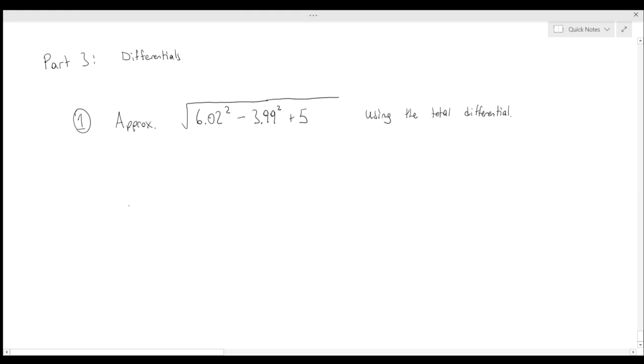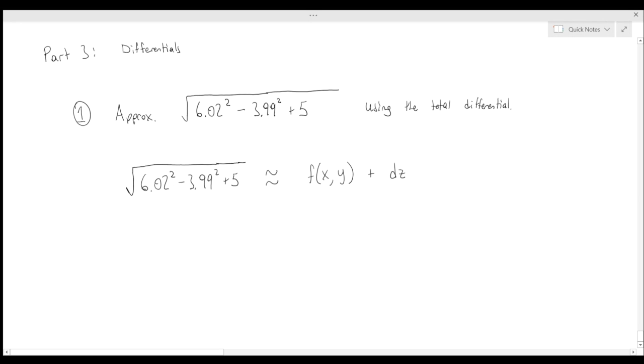All right, so in this type of question, when you're asked to approximate something using the total differential, the general formula for how you're going to approximate it is as some function evaluated at some x and y, plus the total differential of that function.